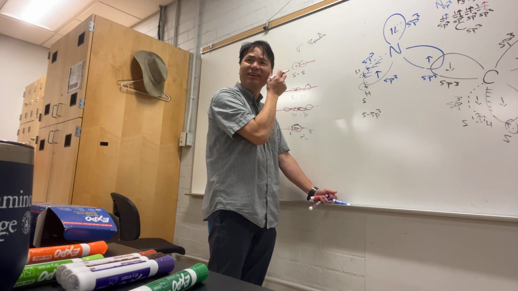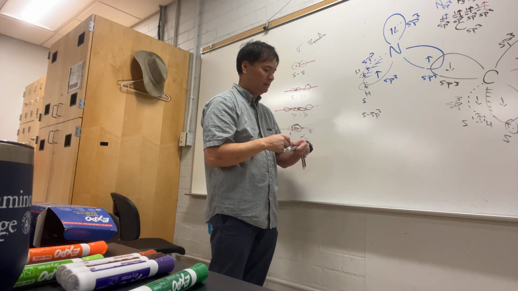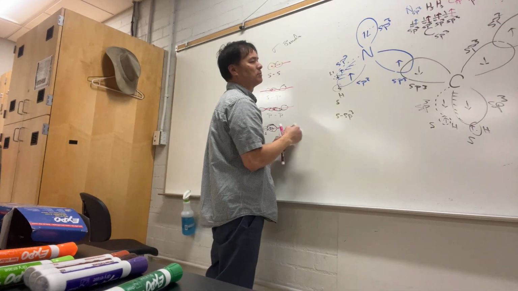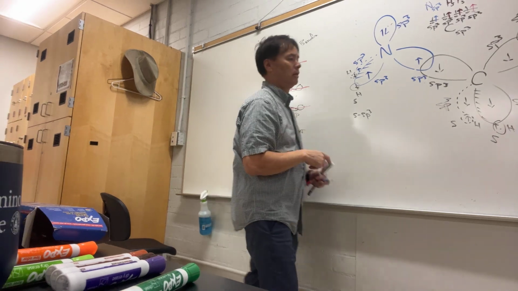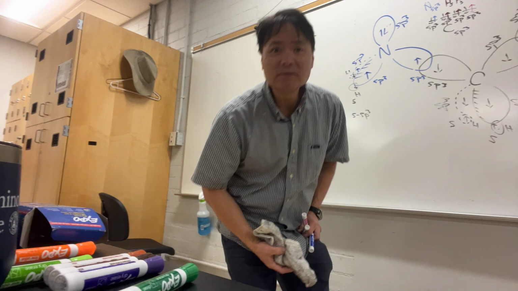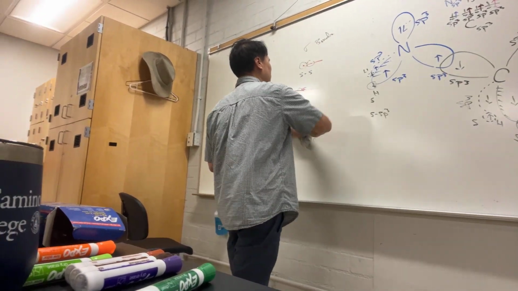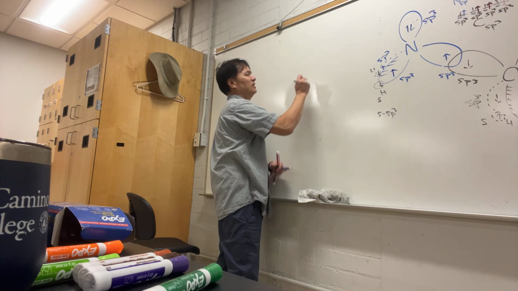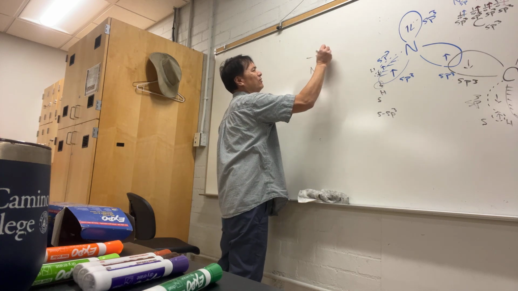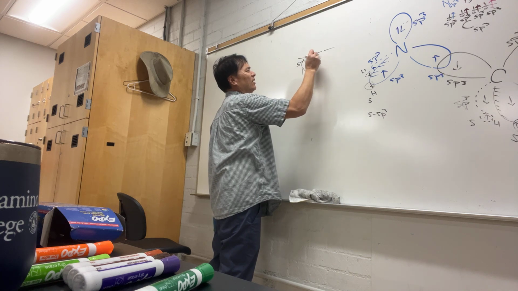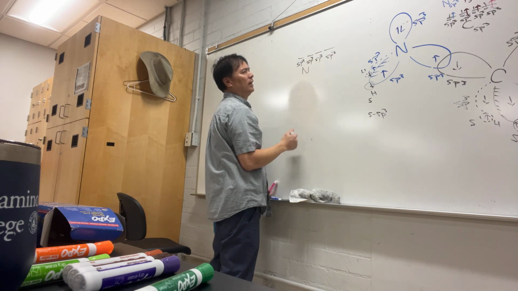Are you following along? Okay. All right, then finally the nitrogen. The nitrogen's also sp3. Let's make sure it's still recording. So we'll draw our 4 sp3 orbitals. And then what do we have?